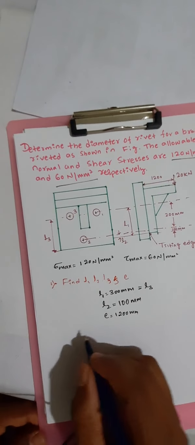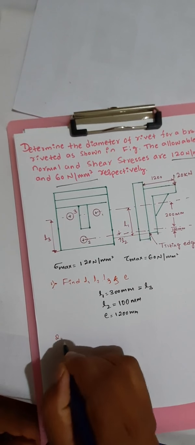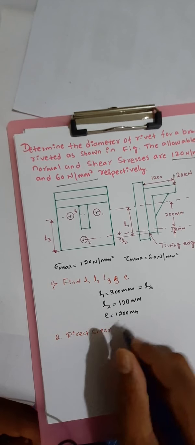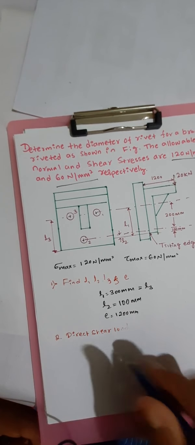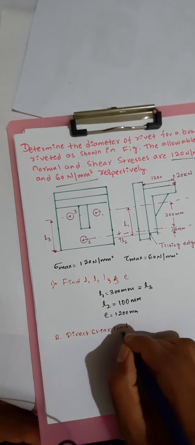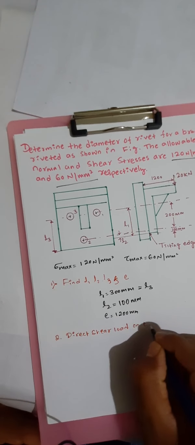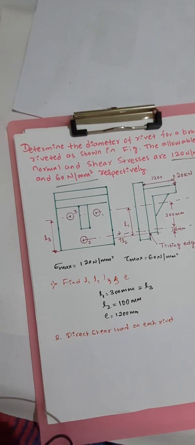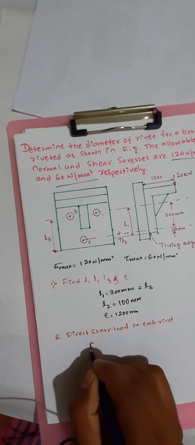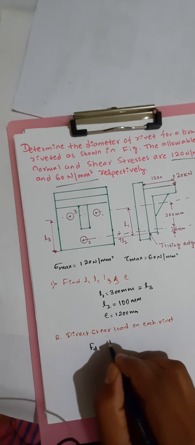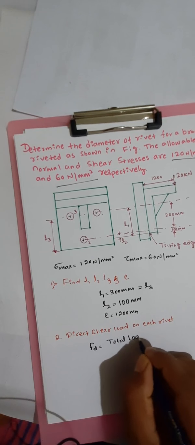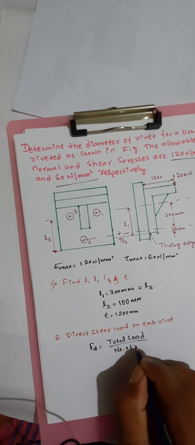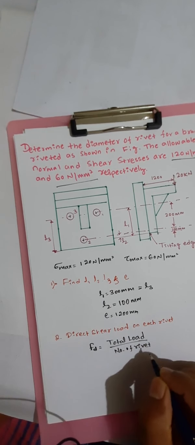As we all know, the equation for the direct shear load on each rivet is FD equal to total load divided by the number of rivets.